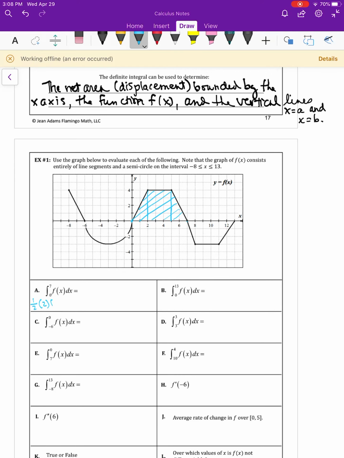For the first one, it's 1/2 times my base of 2 times my height of 4, so 1/2 of 8 is 4. Then my rectangle is 3 by 4, which gives me an area of 12. Then I have another triangle, 1/2 times a base of 2 times a height of 4, so 1/2 of 8 is 4. When I add this up, I get a total of 20 for part A.